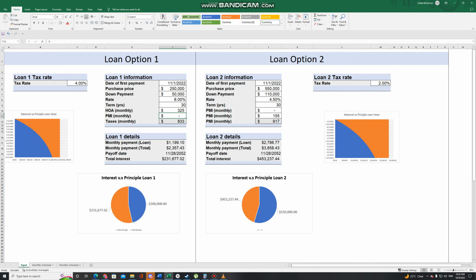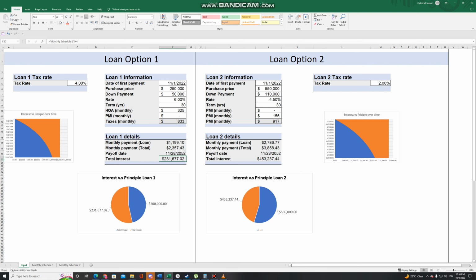So PMI would usually be a flat amount, like around $100, and that is added directly to the total payment amount, which is quite simply the monthly payment calculated here, plus any HOA fees, PMI fees, and the taxes there.